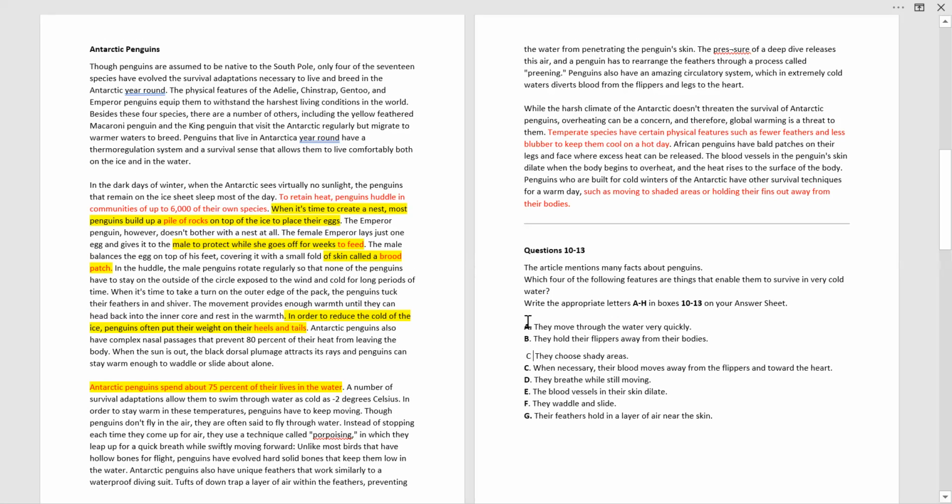I don't know again, but consider them A, B, C, D, E, F, G, H. So A to H, right? We have to pick four features which help them to survive in very cold water.